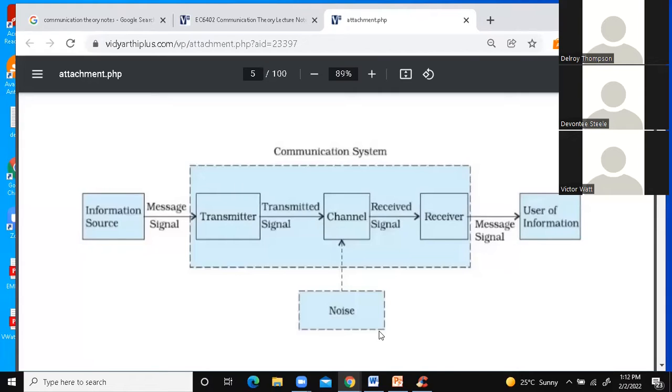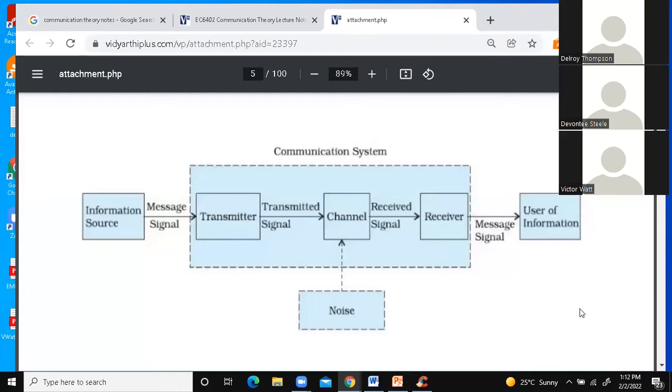So the noise on the road, or the noise that gets in your channel, interrupts the smooth flow of the signal. Right?